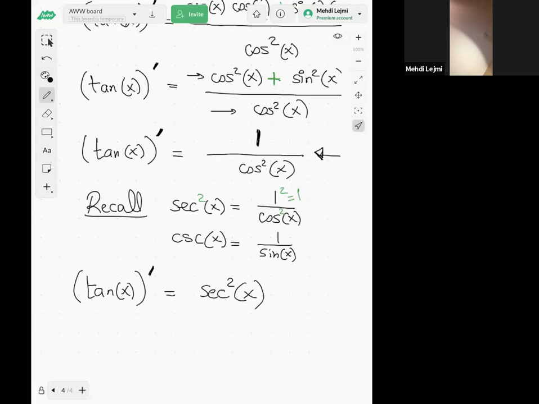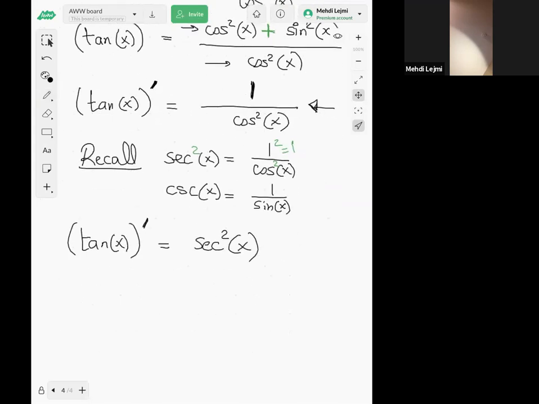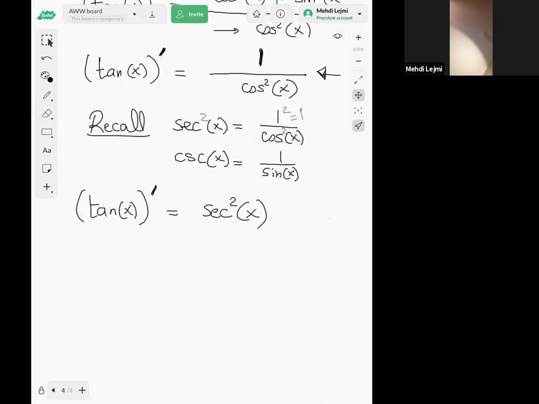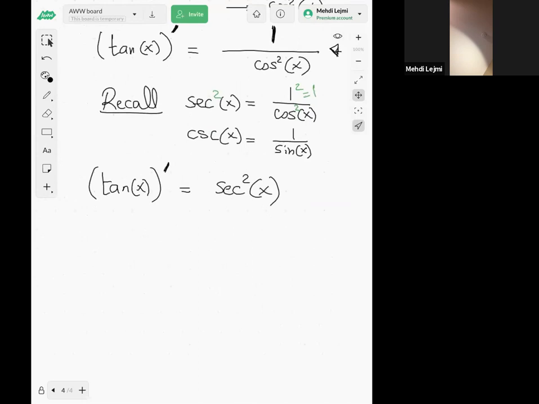So that's for tangent. What about cotangent? Exercise. This is how we prove that the derivative of tangent is secant square, right? So please try to compute this exercise. Find the derivative of cotangent of x.